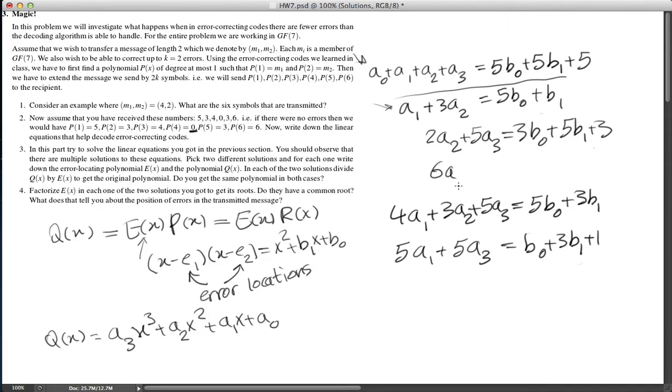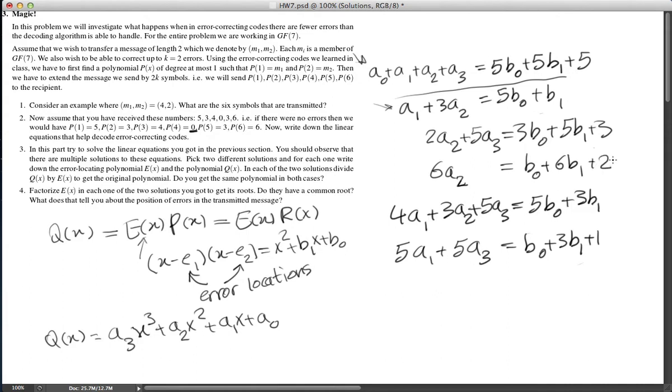Now if we subtract 3 times the second equation from the fourth equation, what we're gonna get is 6 times a2 plus, well, there is no a3 here, so I'm just gonna write down 6 times a2 is equal to b0 plus 6 times b1 plus 2.